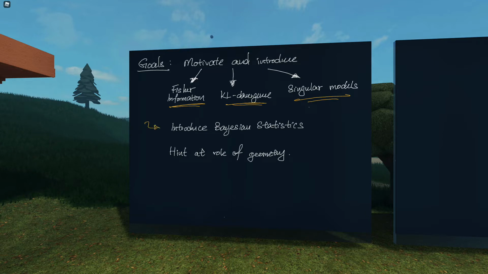And hopefully, if we have time, we'll introduce Bayesian statistics, but probably not. And throughout, we will hint at the role of geometry in learning.